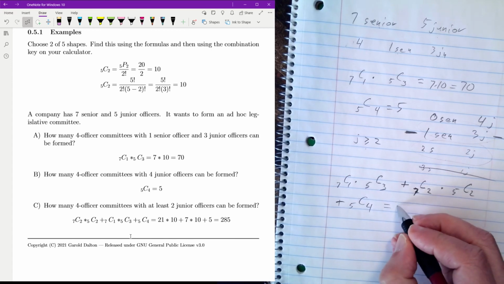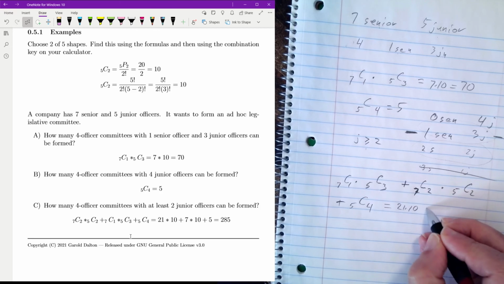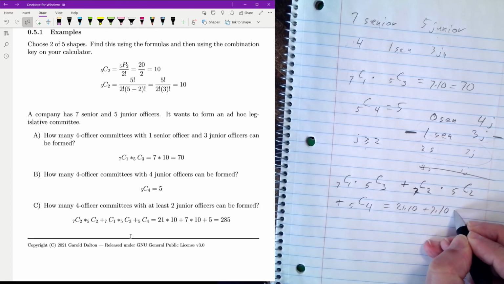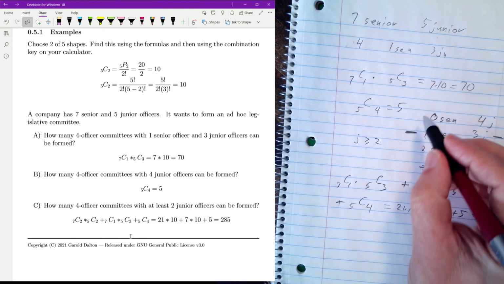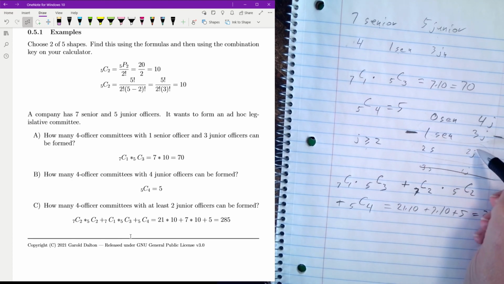And that will give me 21 times 10 plus 7 times 10 plus 5, which is equal to 285. So when you're going through the possibilities, we have to have at least 2 junior officers, so 2, 3, and 4 are acceptable.